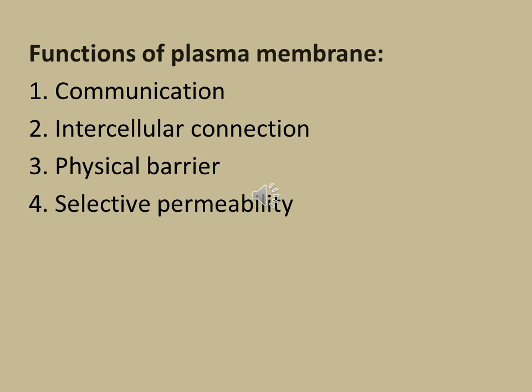Third, physical barrier: the phospholipid bilayer separates substances inside and outside the cell. Fourth, selective permeability: the plasma membrane regulates entry and exit of different substances, allows some molecules in, others are kept out.